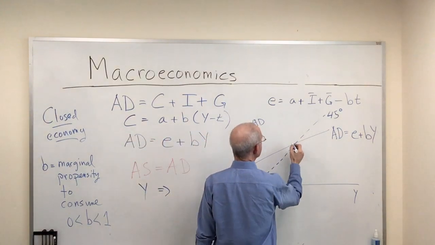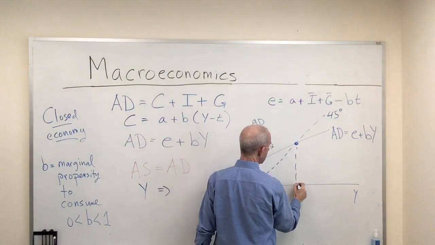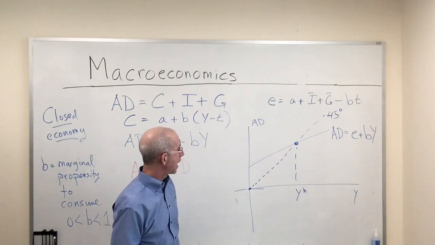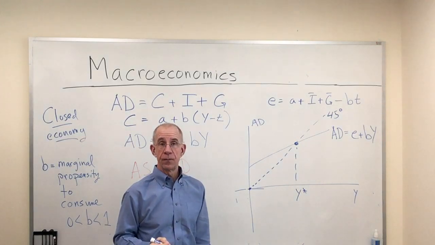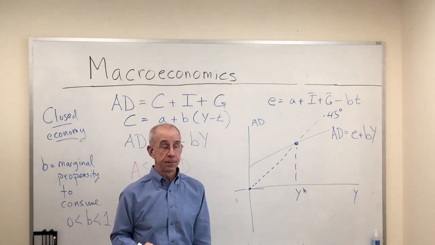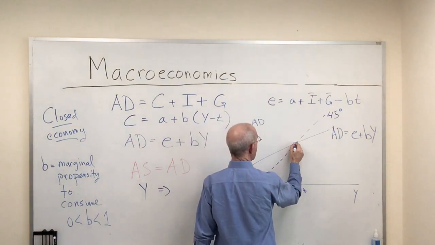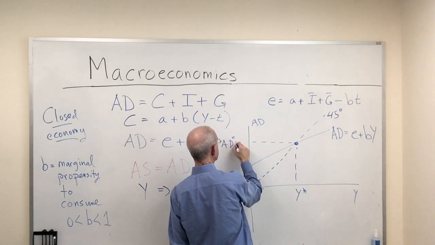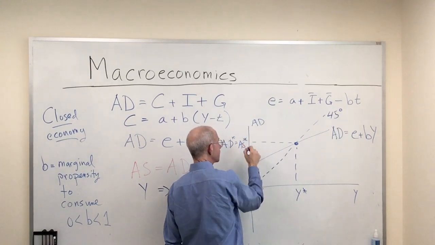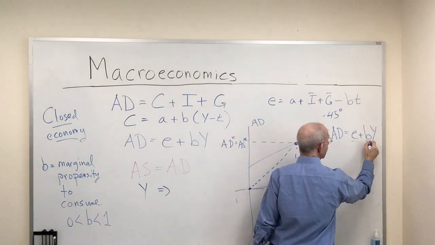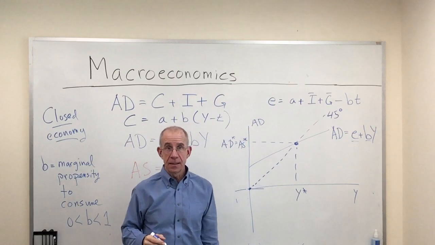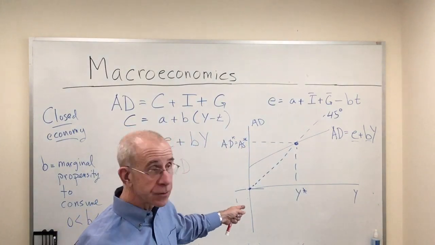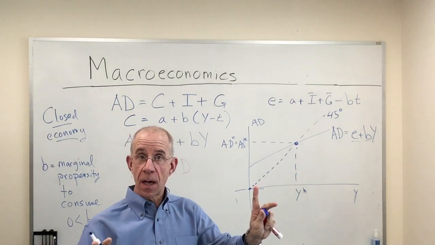So this is the equilibrium level of national income, and this is where aggregate demand equals aggregate supply, given the values of E and B. That's a depiction of where the economy is at rest.